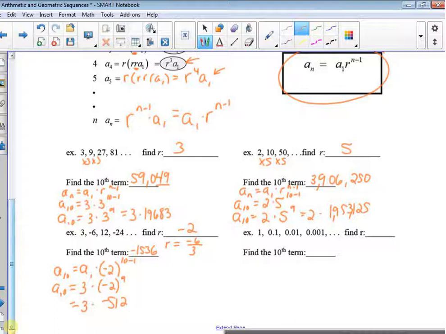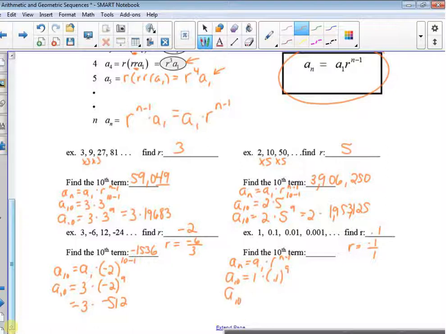All right, next one, if I want to find r, I would do 0.1 divided by 1, so r is just 0.1. So I would do a sub n equals a sub 1 times r to the n minus 1. So I'm doing a sub 10 equals 1 times 0.1 to the 9th. So it's really just 0.1 to the 9th.